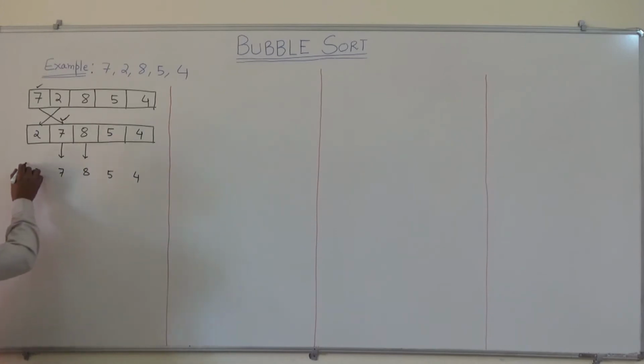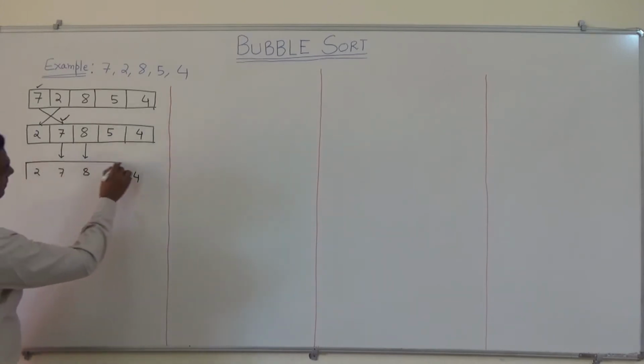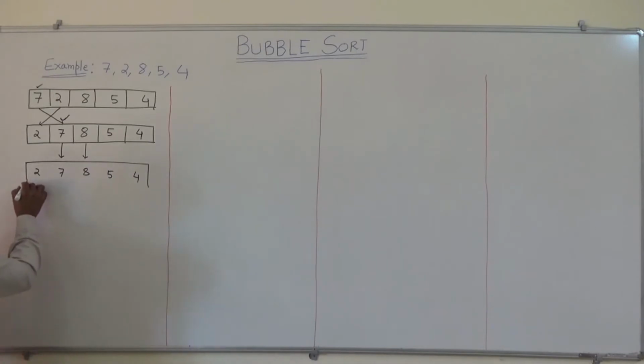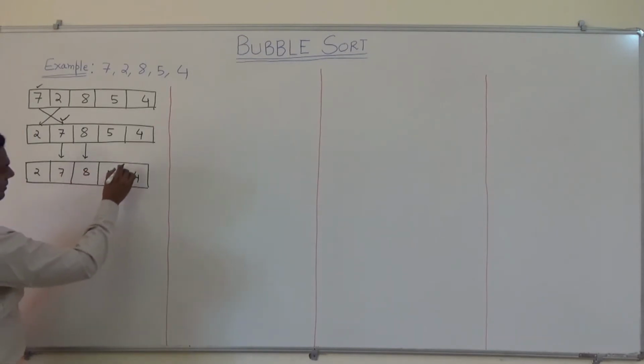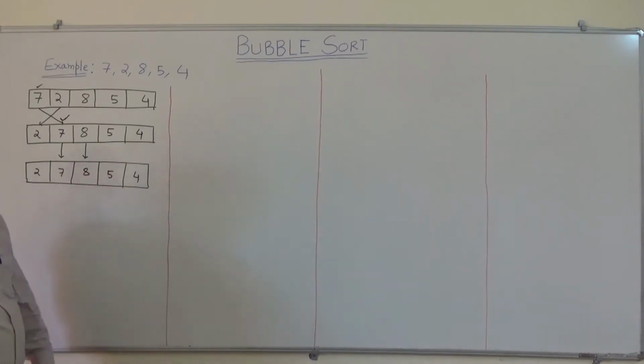So it comes out to be like this: 2, 7, 8, 5 and 4.